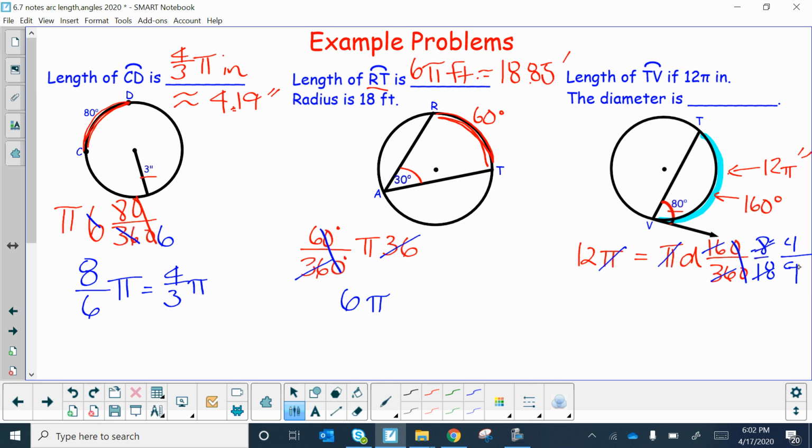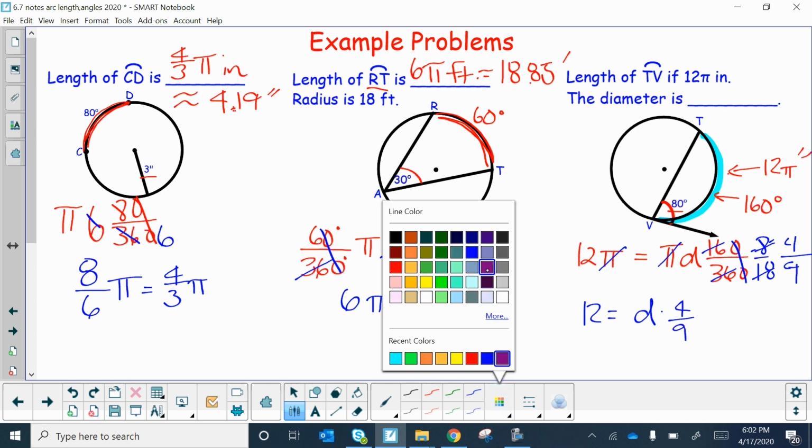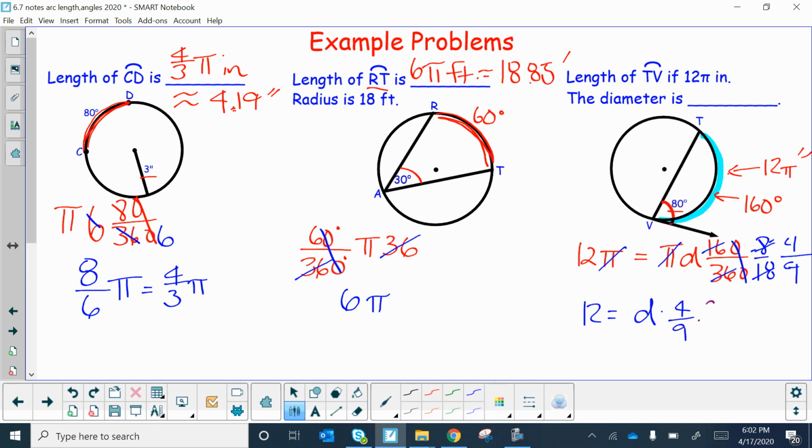4 ninths. All right, so let's rewrite this and see what we have. We have 12 equals diameter times 4 over 9. We're almost there, so how do we get rid of the 4 ninths? I like to do that in one shot, so I'm going to multiply by 9/4, and that'll cancel out on one end.